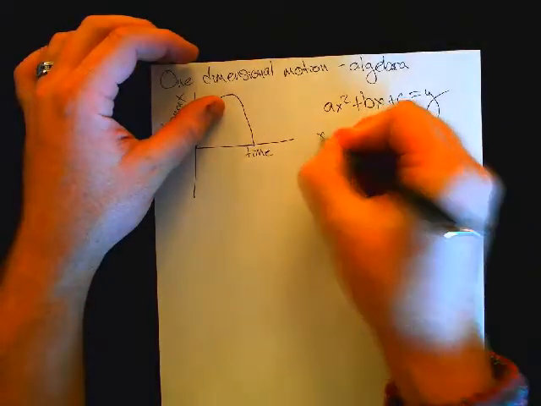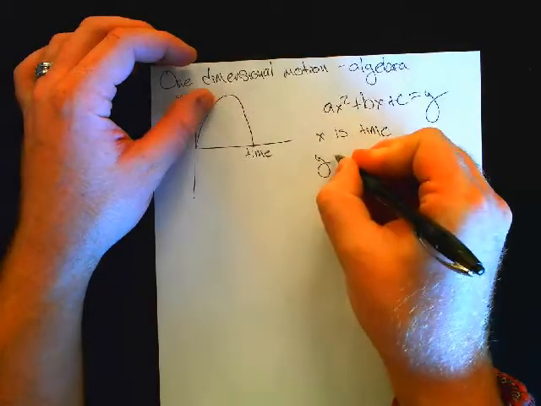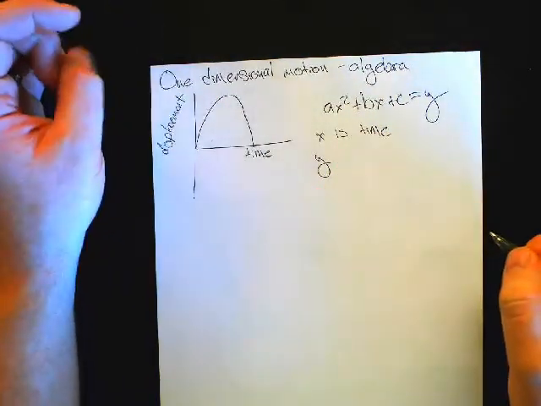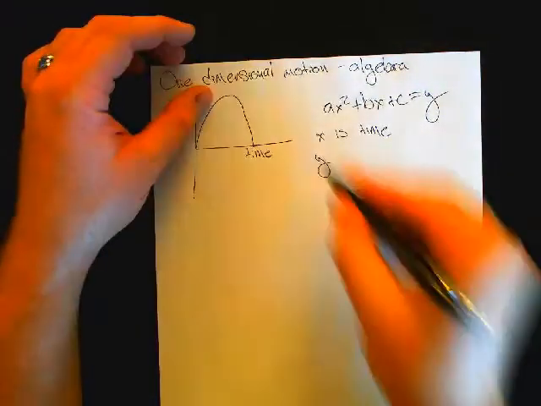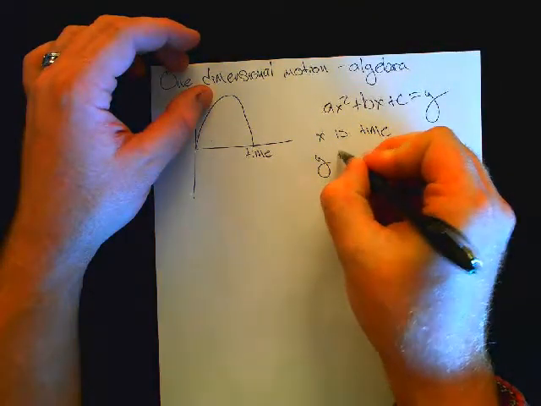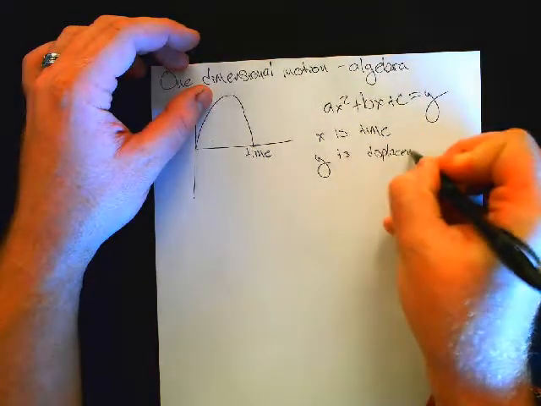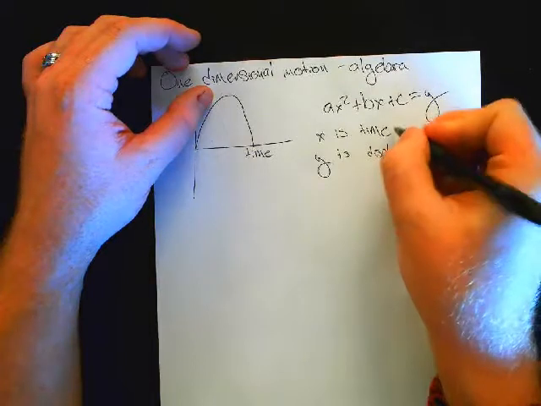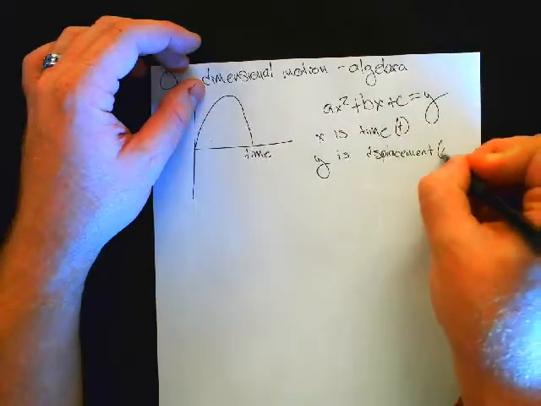So x is time. What's y going to be? Distance from origin, or displacement if we're being specific. So y is displacement. And I'm just going to list behind these the variables we're going to use. Time, t, and displacement, delta x.